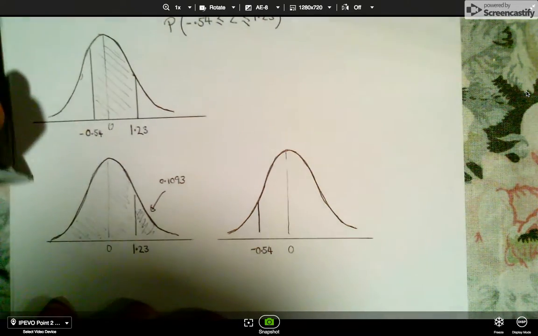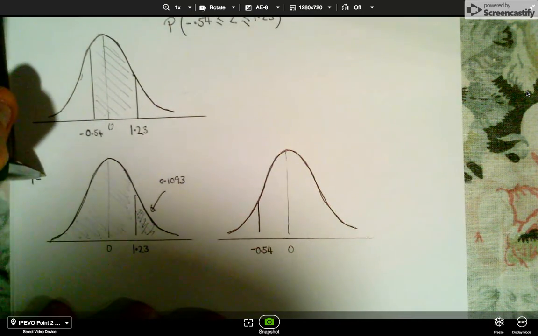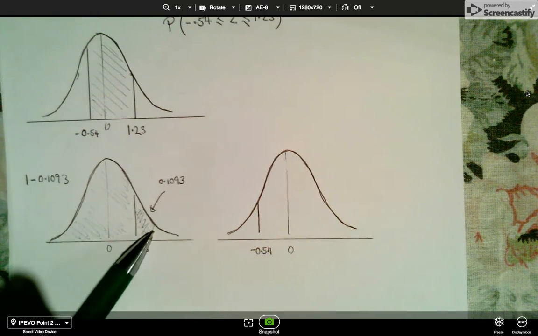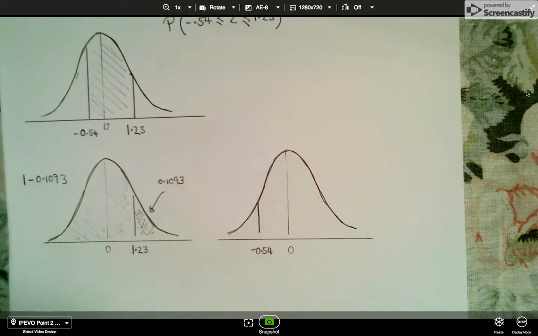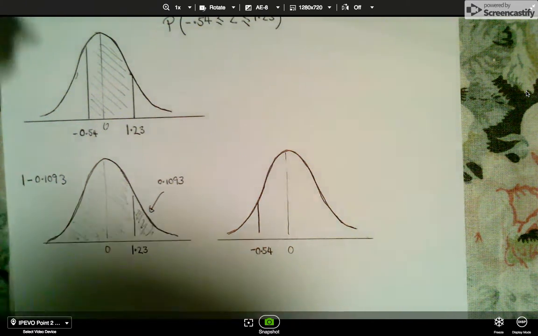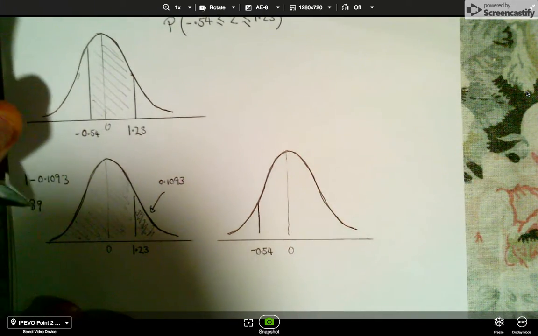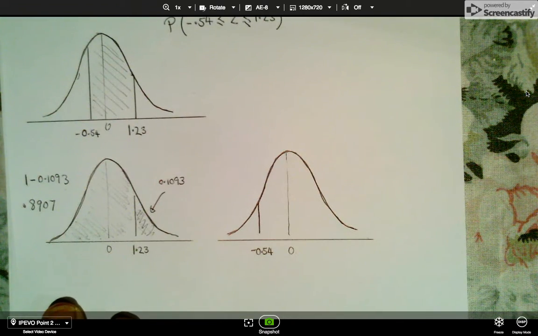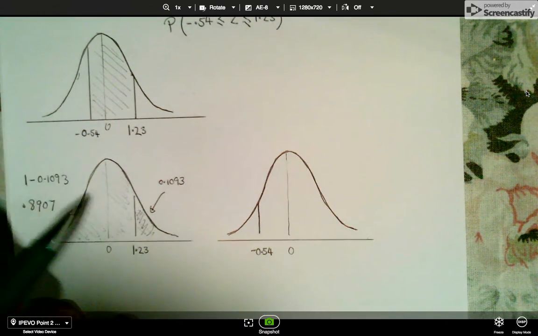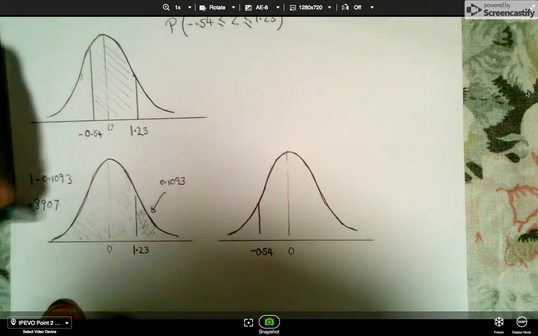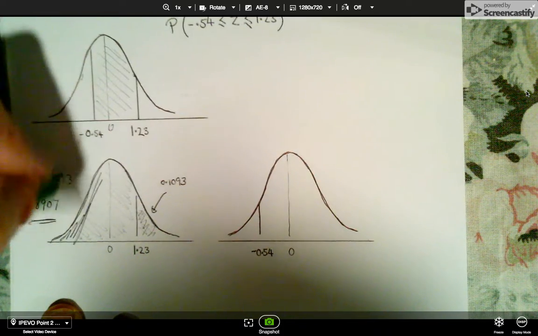So the one that we want is 1 minus 0.1093. And that gives us an answer of 0.8907, or 89.07%. But then we've got to take this part away because we don't want this whole area.